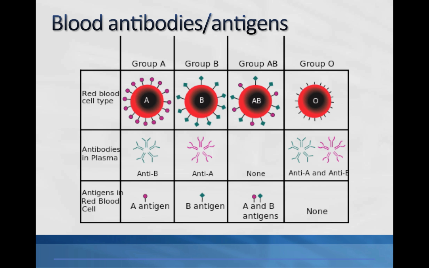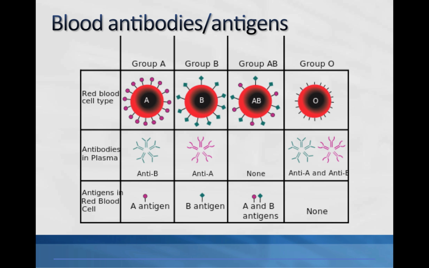Type B blood has B markers on it and antibodies against type A blood. If you look at the catching arms, you will see that the catching arms on the anti-A match up to the A blood. Thus, they would attach and clump if the B type person got type A blood.